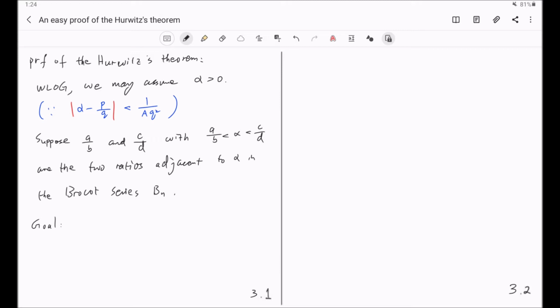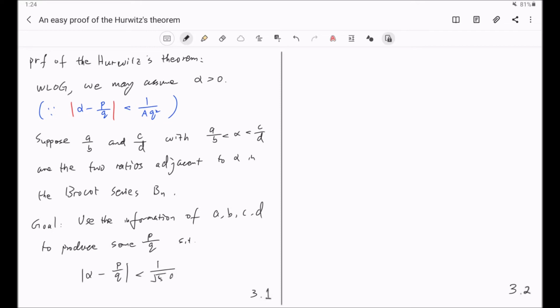Our goal is to use the information of those numbers a, b, c, d to produce some rational number p over q such that we have alpha minus p over q less than 1 over square root of 5 times q squared.